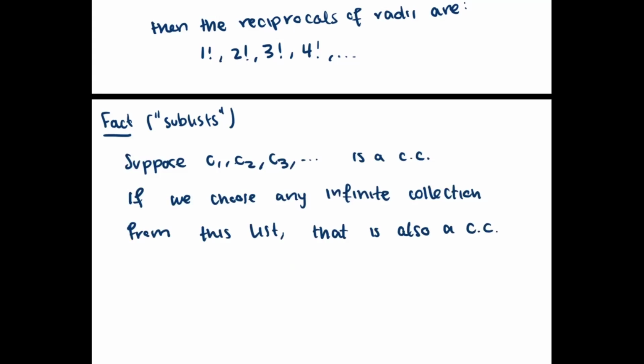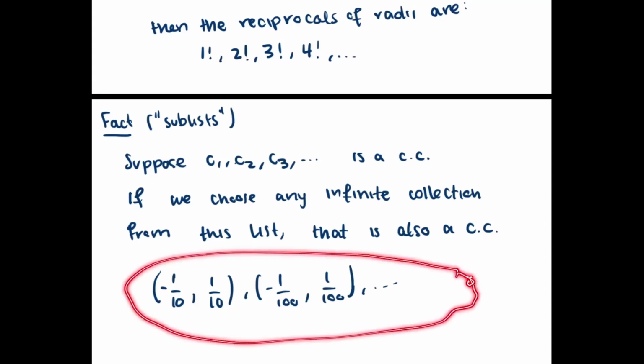So for example, if we wanted to think about the standard collapsing collection using decimals, let's write down the one for 0. This is like -1/10 to 1/10, -1/100 to 1/100, and so on. This is actually a sublist of the collapsing collection using reciprocals, right?